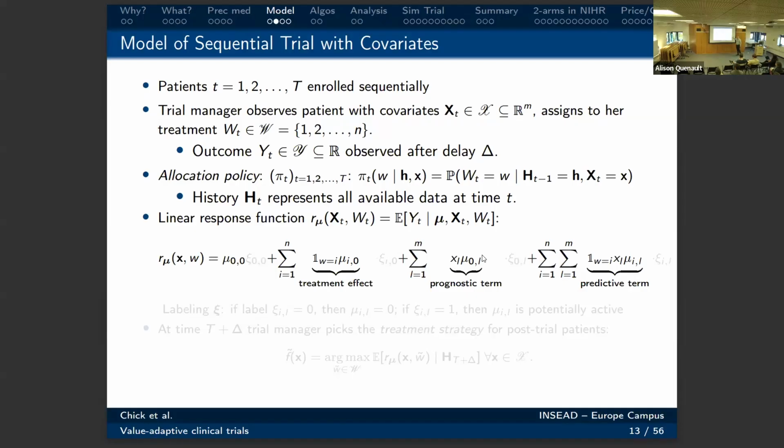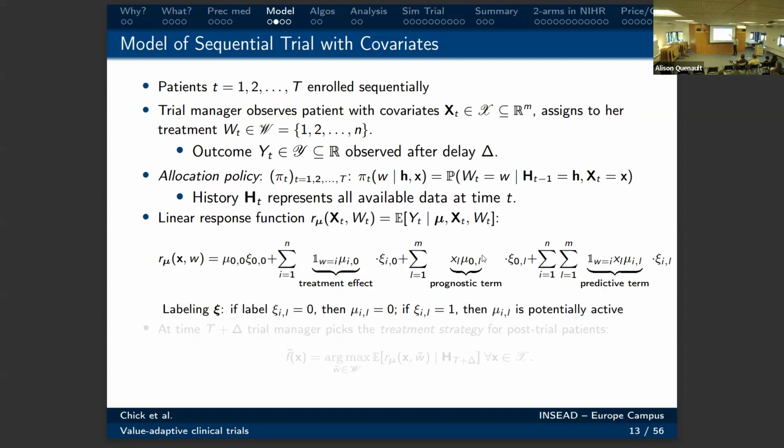And our beliefs around which terms are active will be reflected through this vector C. So its ith coordinate is 1 if that term is potentially active, doesn't have to be active, but is allowed to be non-zero, and would be 0 if I want to wipe out that term. So I can have a relatively sparse vector C to signal that I think relatively few covariates are actually potentially active.